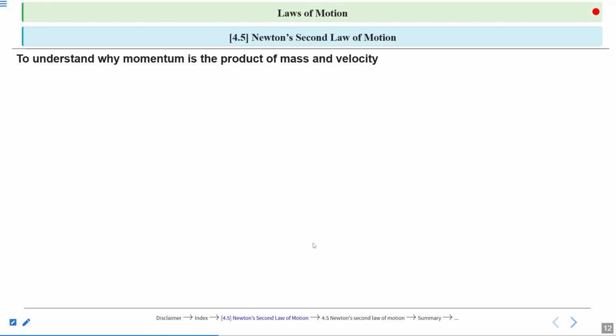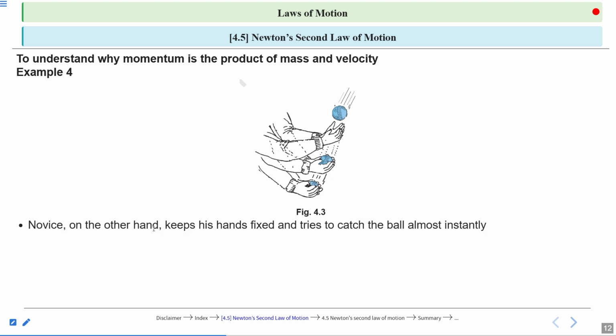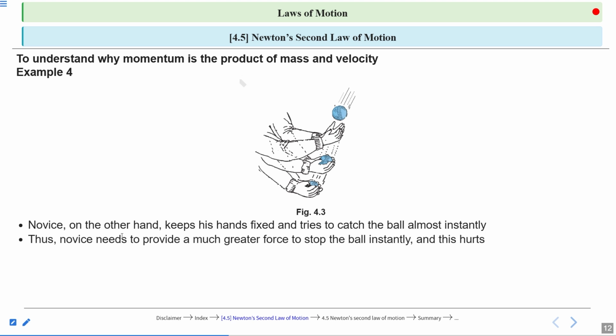So, Example 4, a novice, on the other hand, keeps his hands fixed and tries to catch the ball almost instantly. Thus, the novice needs to provide a much greater force to stop the ball instantly, and this hurts.